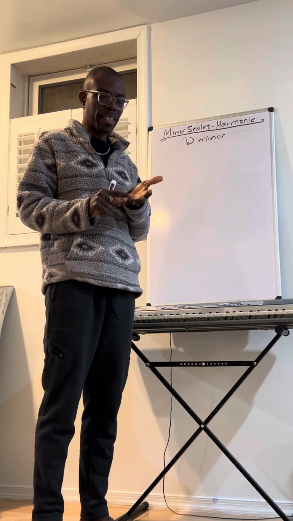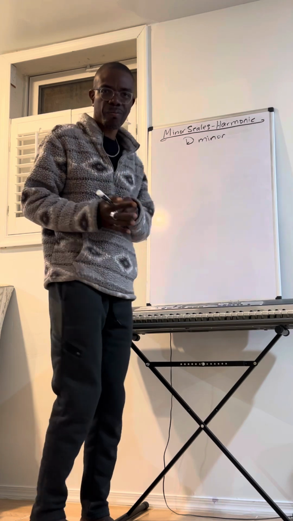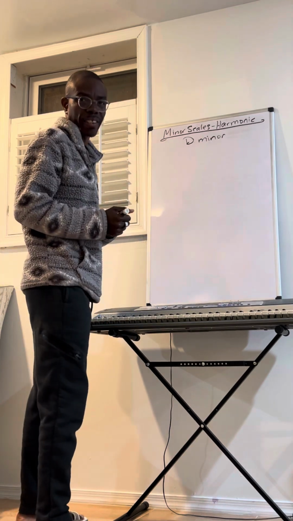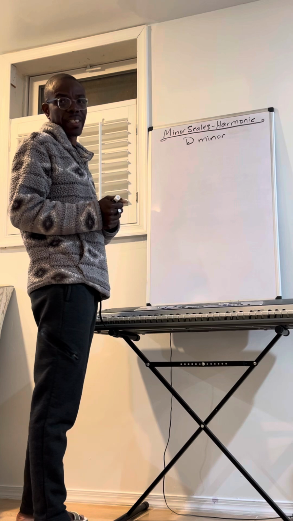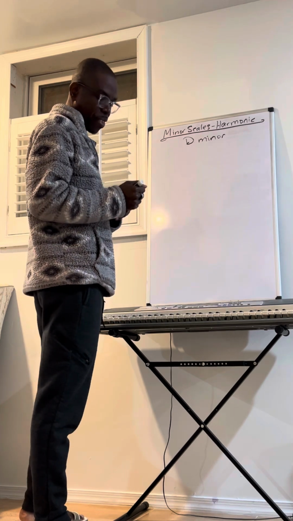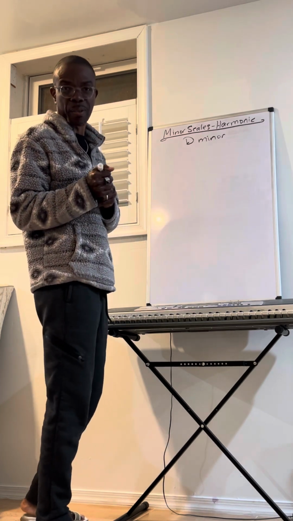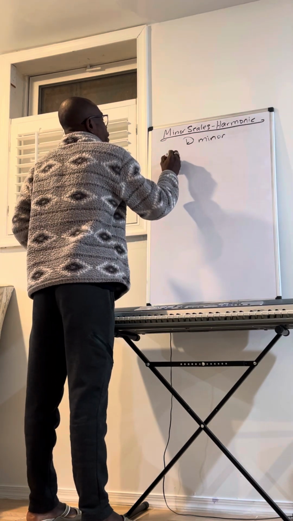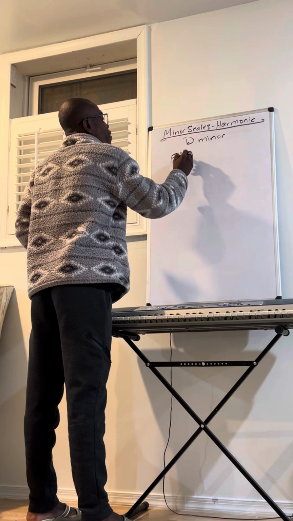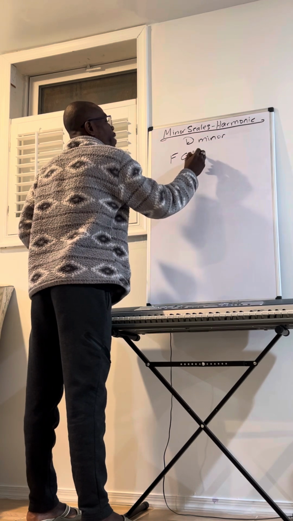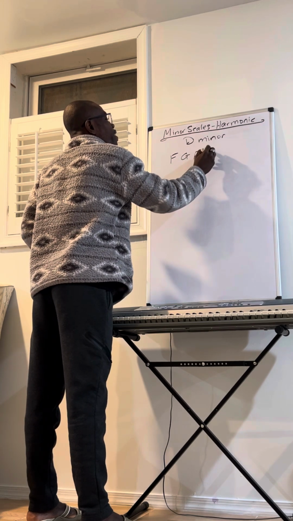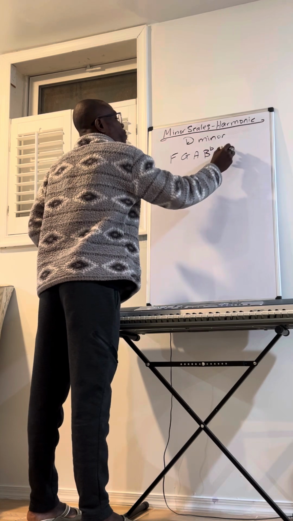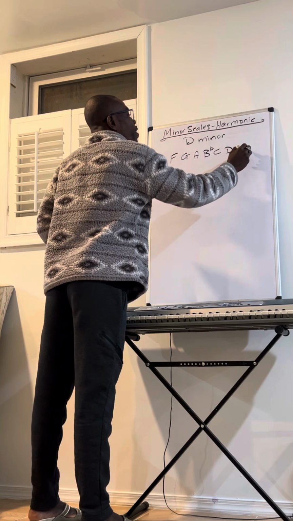D, E, F. F major scale is related to D minor. D minor is related to F major scale. Then the next thing we do is to write the notes of the F major scale. Alright, which are F, G, A, B flat, C, D, E, and you end on where you start, with F.